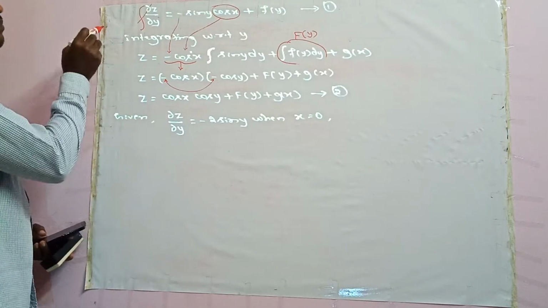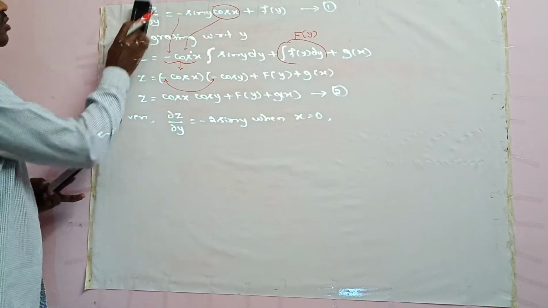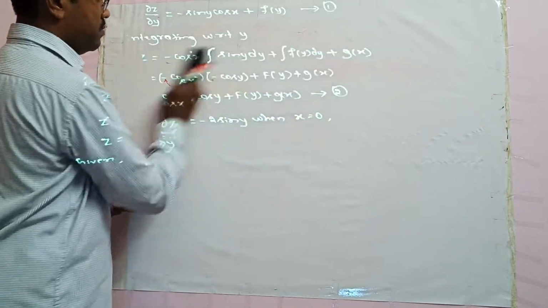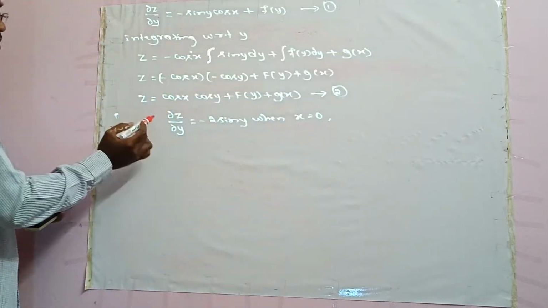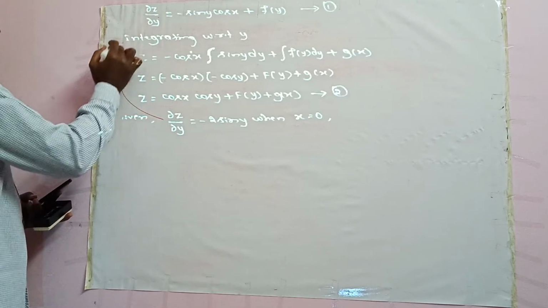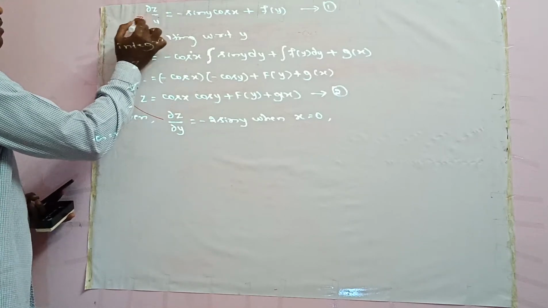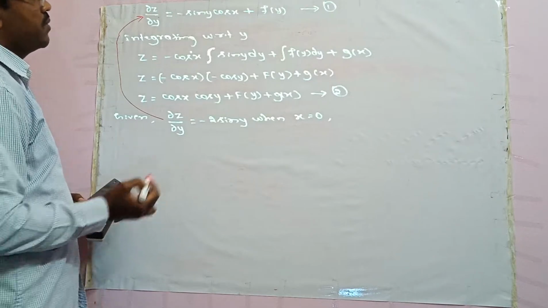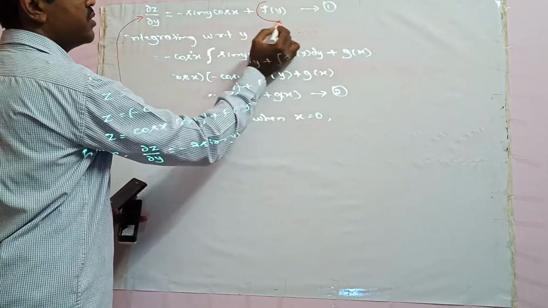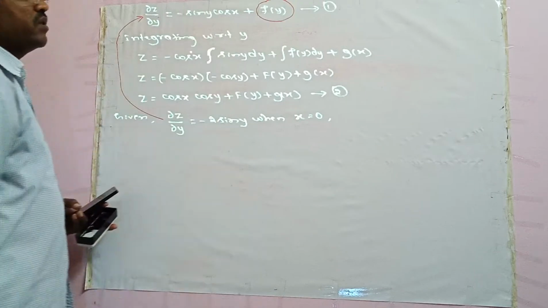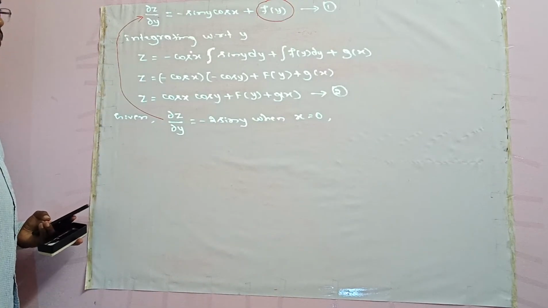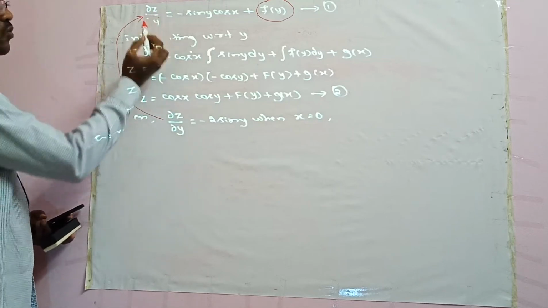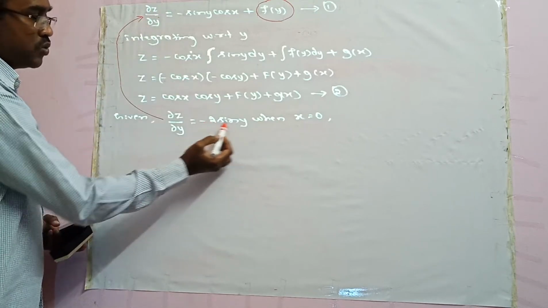Now where is our dou z by dou y? It is here. Let us use this condition in equation number 1 and find what our small f of y is. In the place of dou z by dou y, we replace minus 2 sin y.